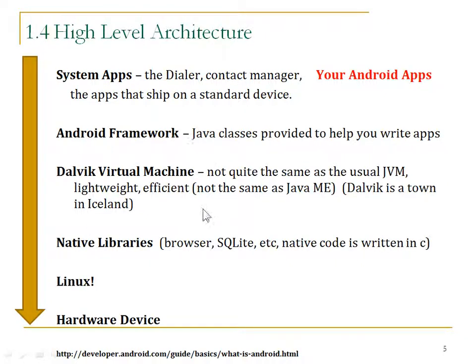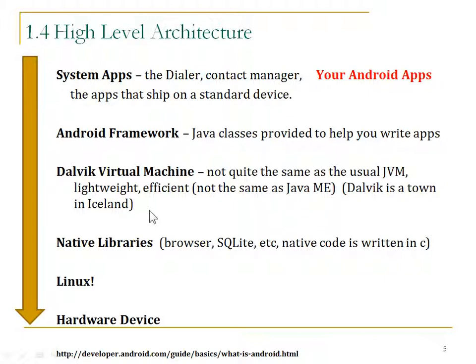So what sits on top of this? This is a Java virtual machine. It's not quite the same as the JVM from Sun Microsystems, now Oracle. It's called Dalvik, which is the town in Iceland where the guy who wrote it came from. That's my understanding of it. So it's not really a Java virtual machine. It's not exactly the same as a Java virtual machine that you'd have for a general purpose piece of hardware.